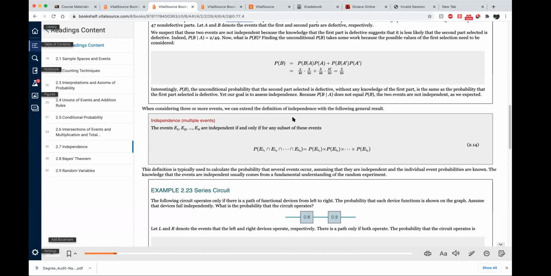All right, so now we can extend the concept of independence to multiple events.